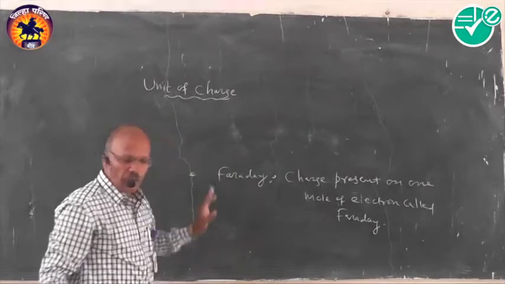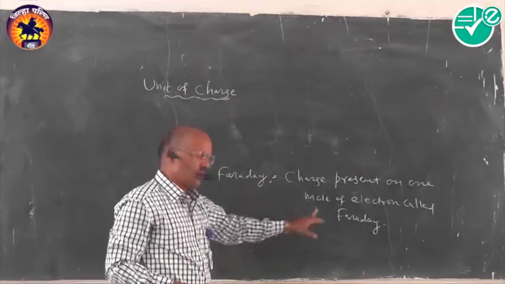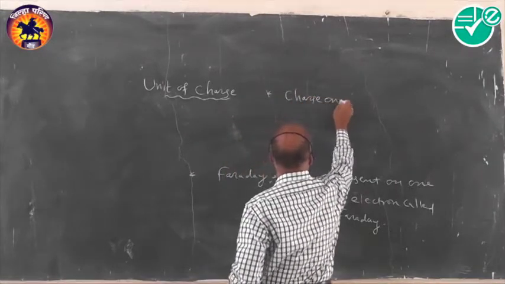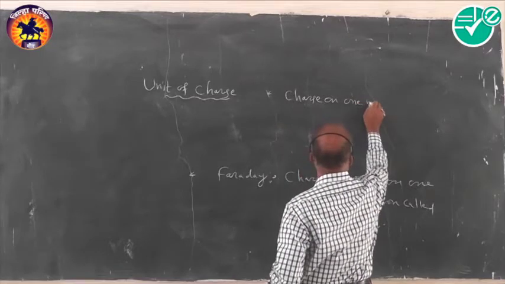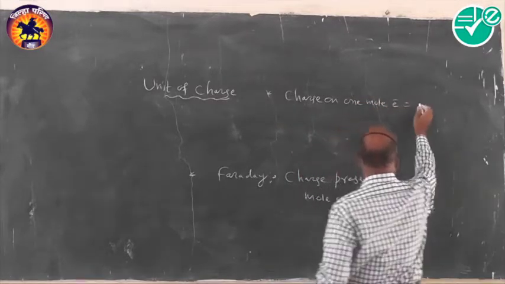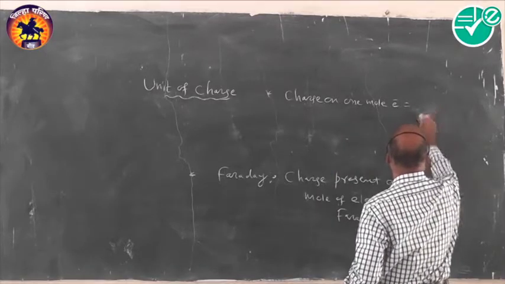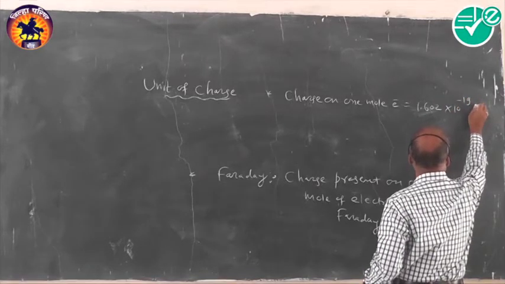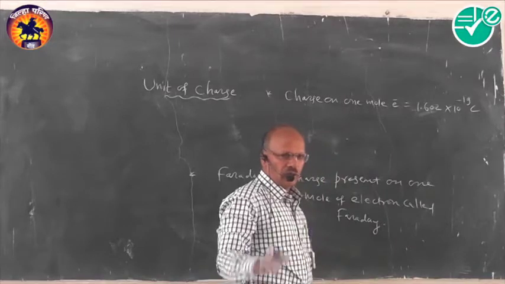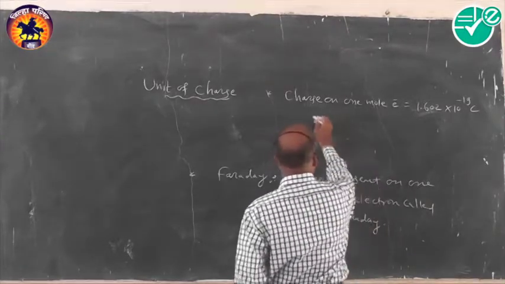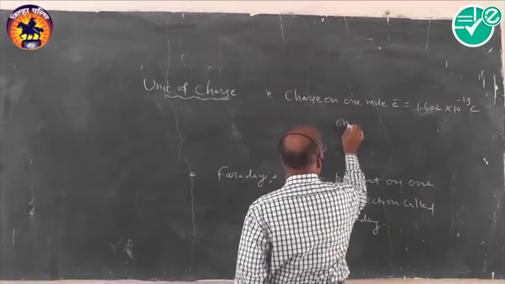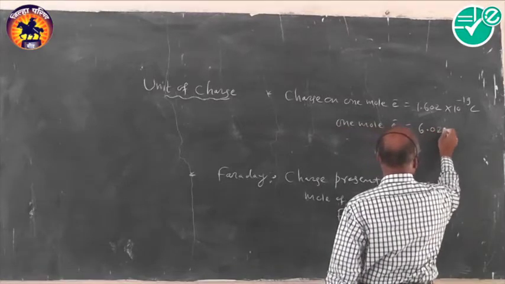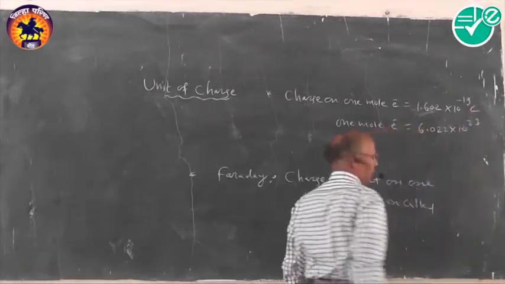Now how does that Faraday value occur? We will follow the same explanation. If we think about the charge present on 1 mole of electrons: the charge on 1 electron is 1.602 × 10^-19 coulomb. Along with it, the number of electrons in 1 mole is 6.022 × 10^23.